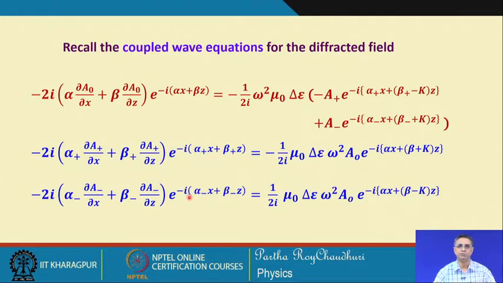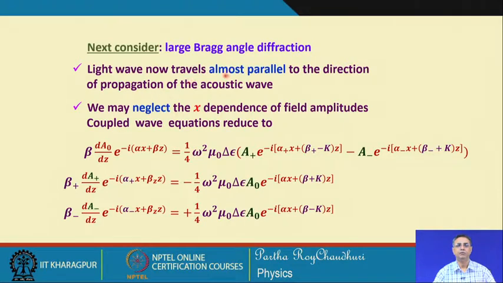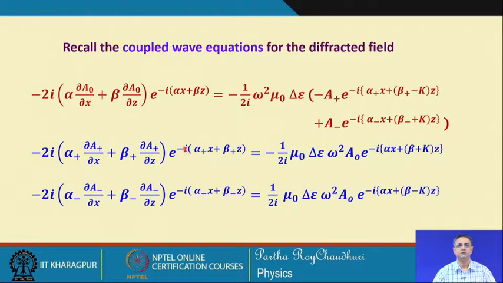Here we will put the approximation that the beam is travelling almost along the z direction. That is, now the light wave travels almost parallel to the direction of propagation of the acoustic wave. So, we may neglect the x dependence of the electric field amplitudes, and then the coupled wave equations will reduce to this form. You see, we have del A0 del x and del A0 del z.